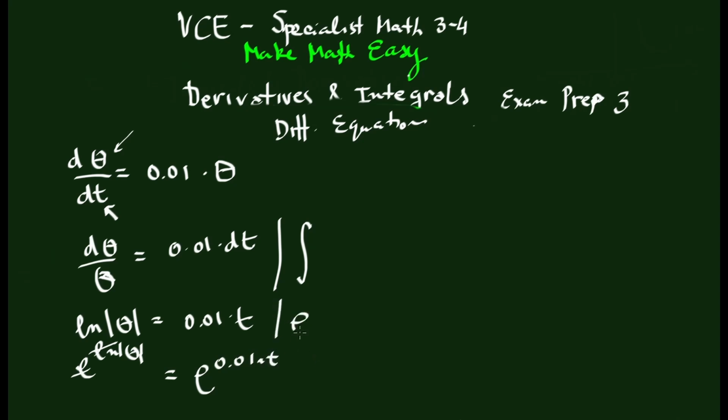So what you're getting is that q, or absolute value of q, is equal to e to the power of 0.01 t.